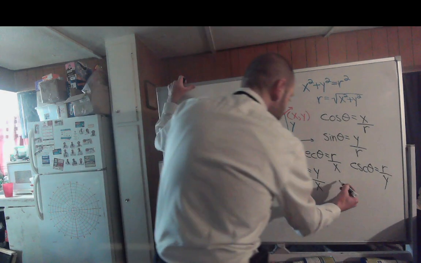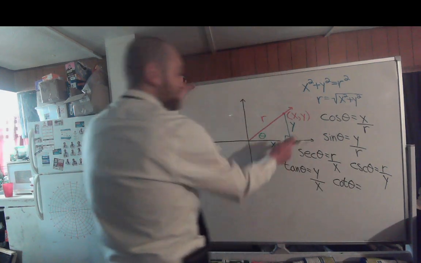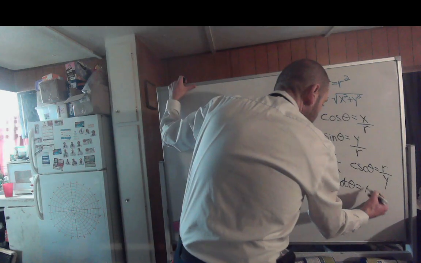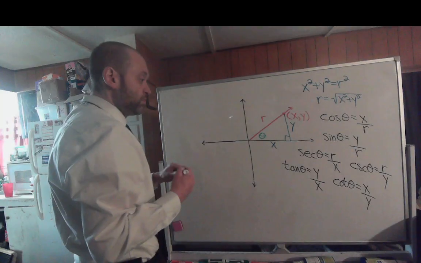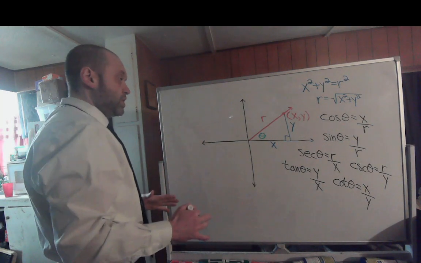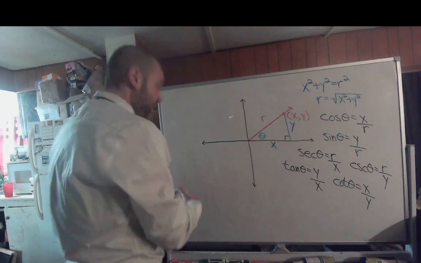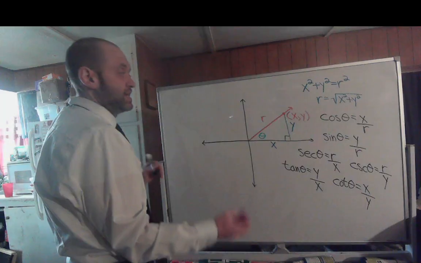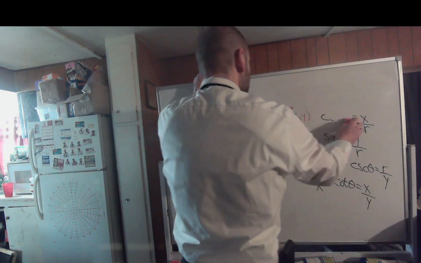And then your cotangent of theta is your adjacent over opposite, so that would be x over y. So those are how we're going to evaluate these trig functions today in this lesson. So let's go ahead and get into some examples here.